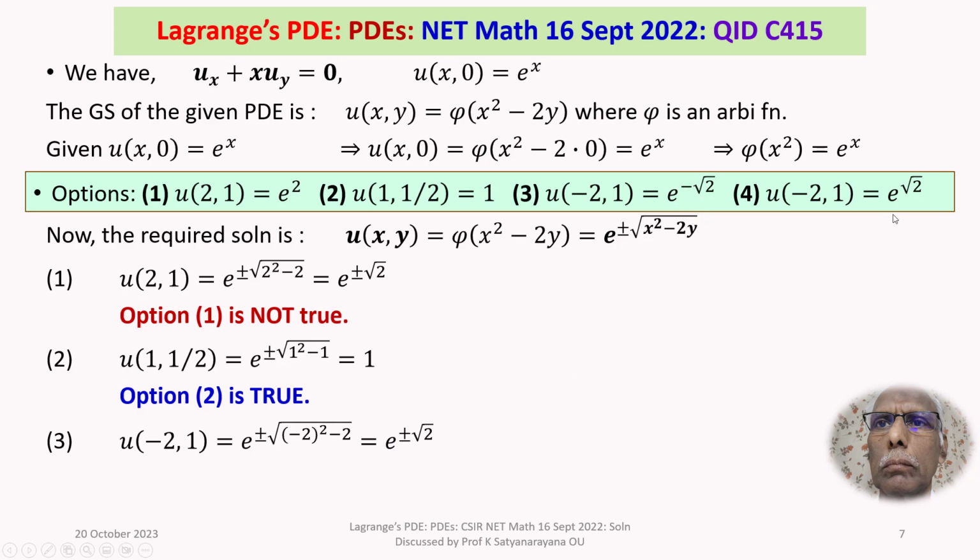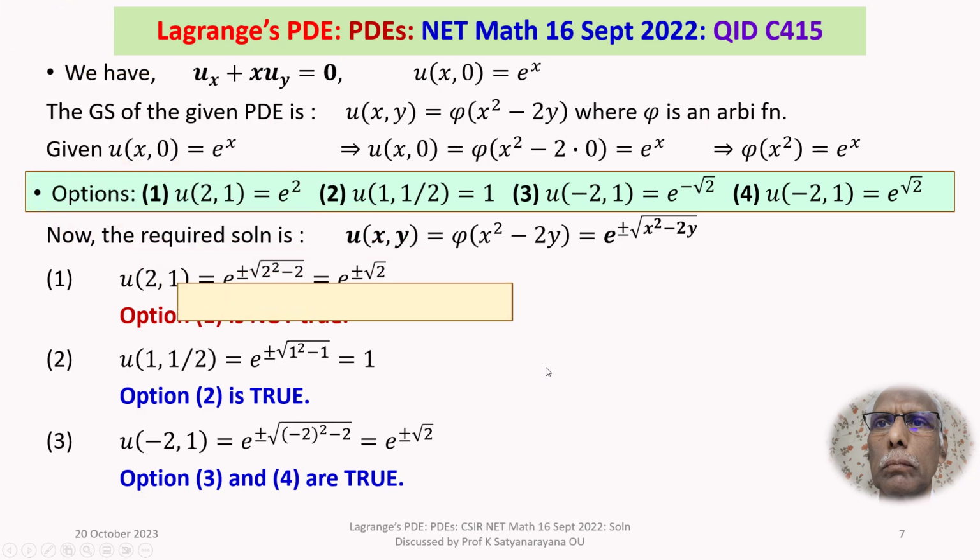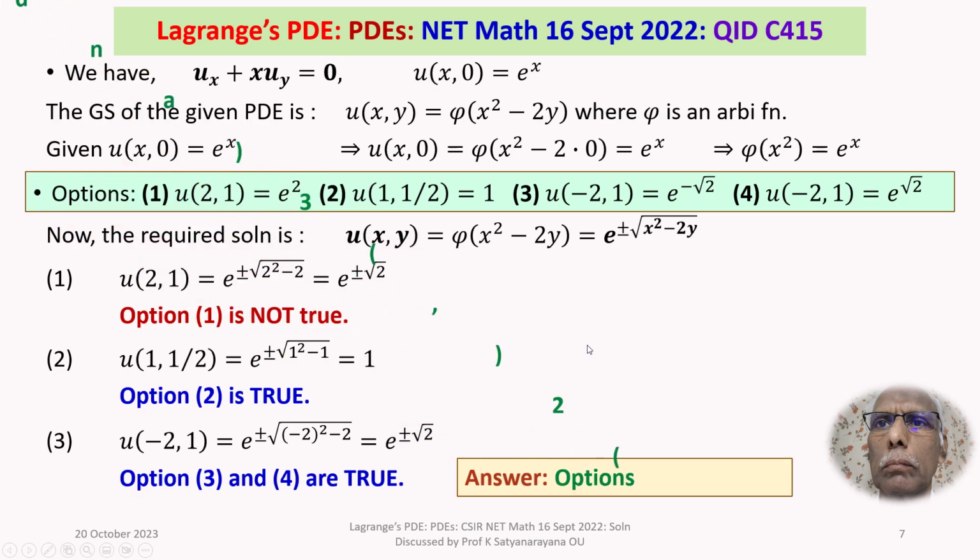In option 4, it is given e^(root 2). It's also correct. So therefore, the options given in 3 and 4 are true. So for this question, what is the answer? The answer is options 2, 3 and 4 are true.